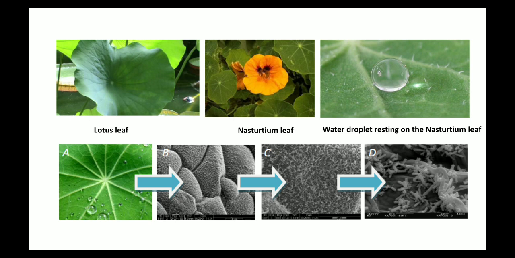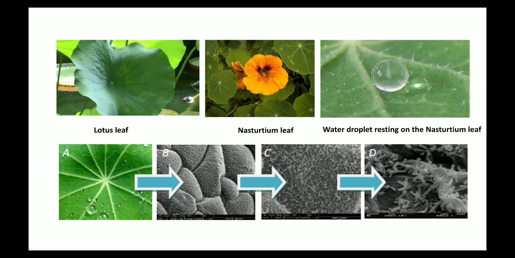If you put a drop on this lotus leaf or this nasturtium leaf, you can take any kind of leaf which is available in nature, and if you put a droplet of water on the surface of this leaf, you can see the image. An exactly spherical droplet is formed. The water droplet resting on the nasturtium leaf is shown in the image.